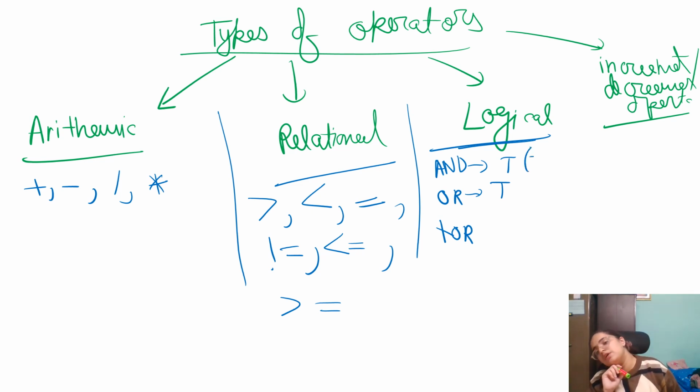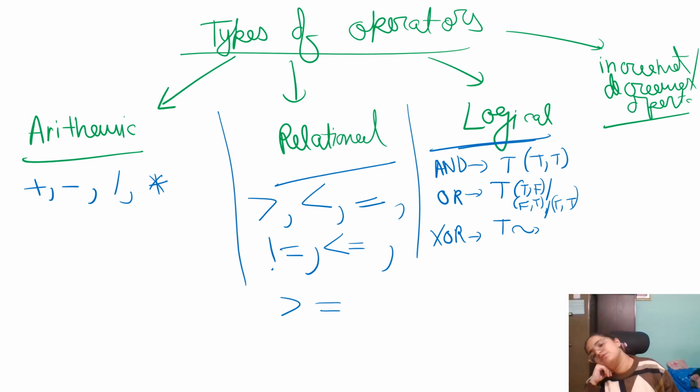So here I say true comma true gives true, and in this case true comma false, or false comma true, or true comma true gives me true. Then comes our XOR. It is XOR. In this condition, my true becomes false and false becomes true.